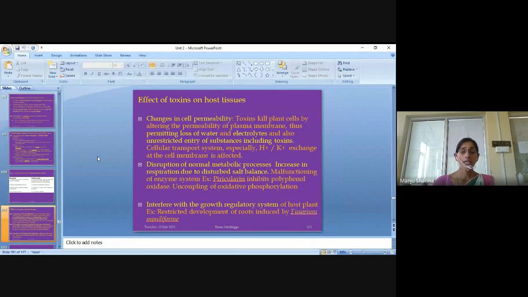There is also interference with the growth regulatory system of the host plant, for example restricted development of roots, as induced by Fusarium.